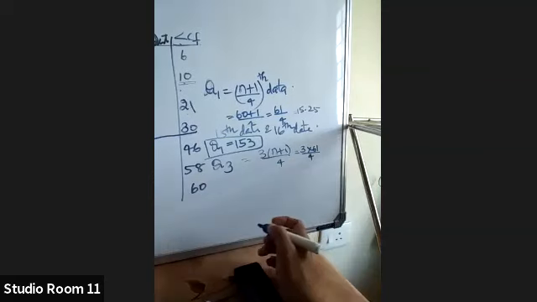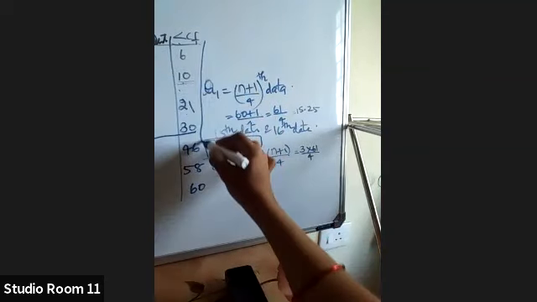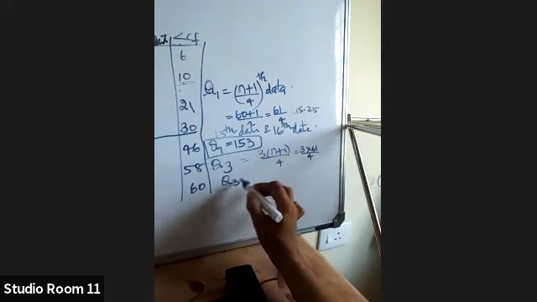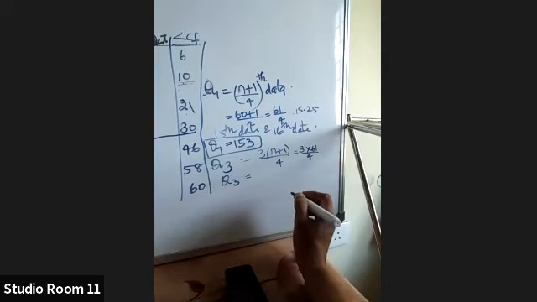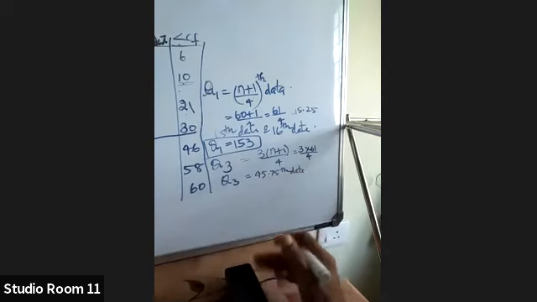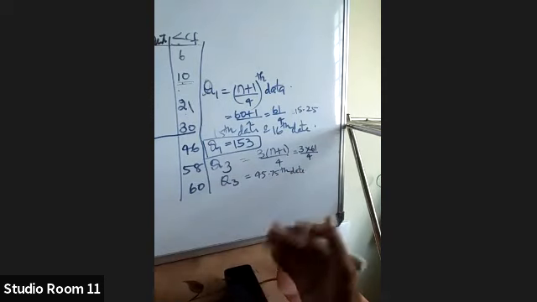What will you get? So Q3 will be which data? 45.75. The data 45.75 lies between the 45th and the 46th.